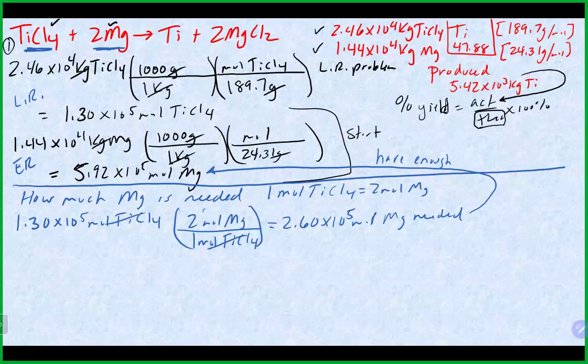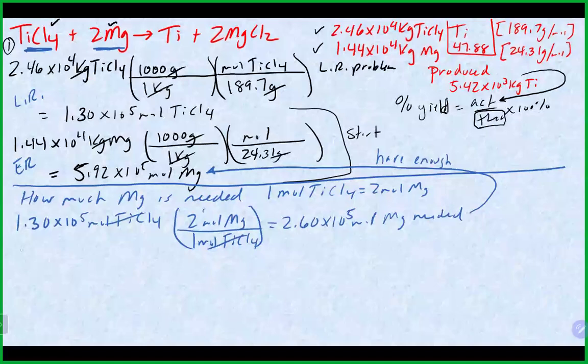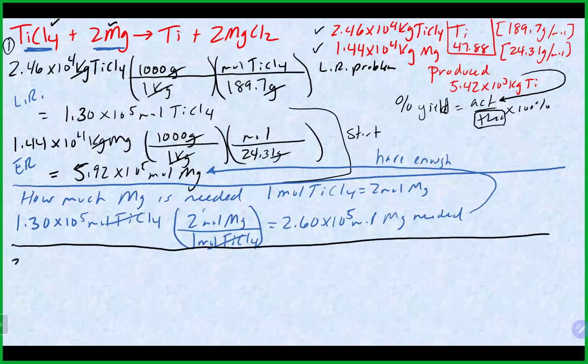Now that I know the TiCl4 is my limiting reagent in this case, we can finish up our problem and figure out our theoretical yield. So, doing our third step, we again want to start with our initial amount, 1.3 times 10 to the fifth moles of TiCl4.